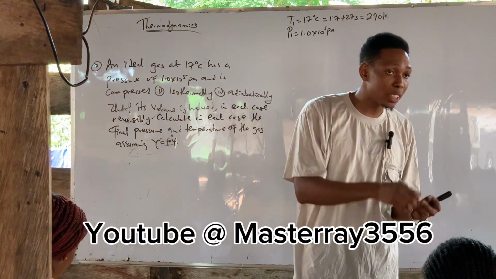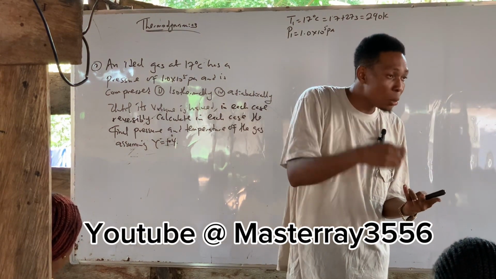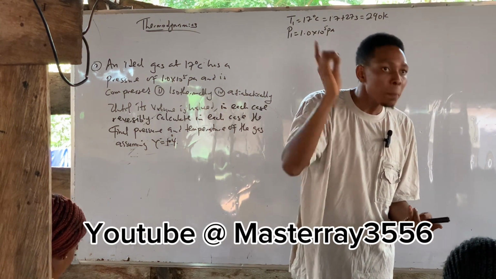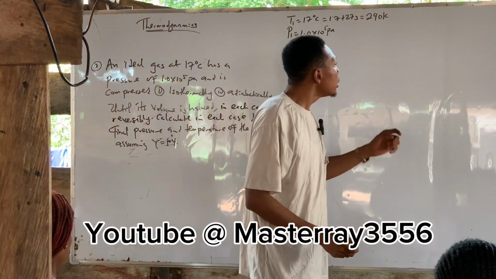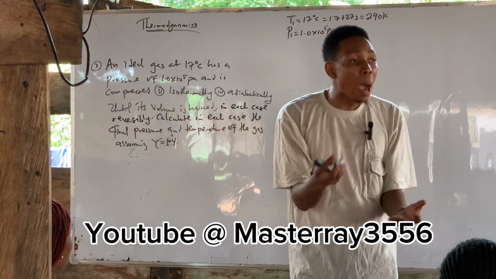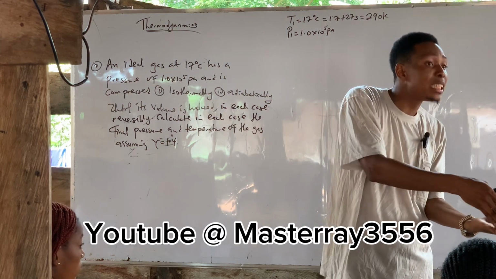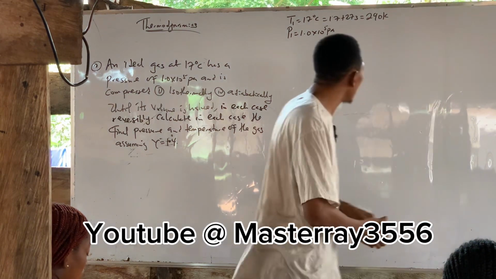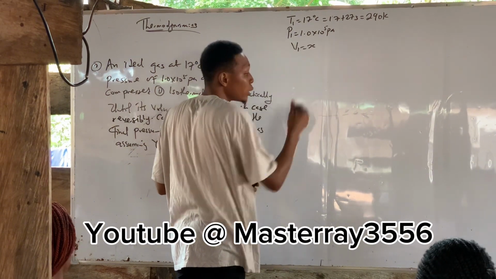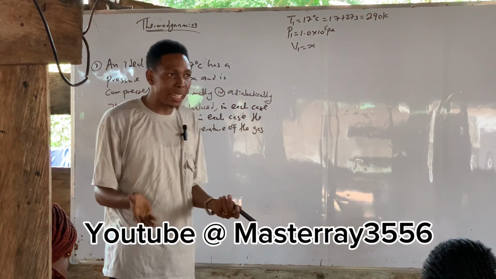Before they fill it, they first remove some air, right? Some of the gas will still remain. Do you know the amount of gas inside? You only know the amount you have to fill. So that initial volume V1, we can simply call X because it's unknown. Are you getting me?